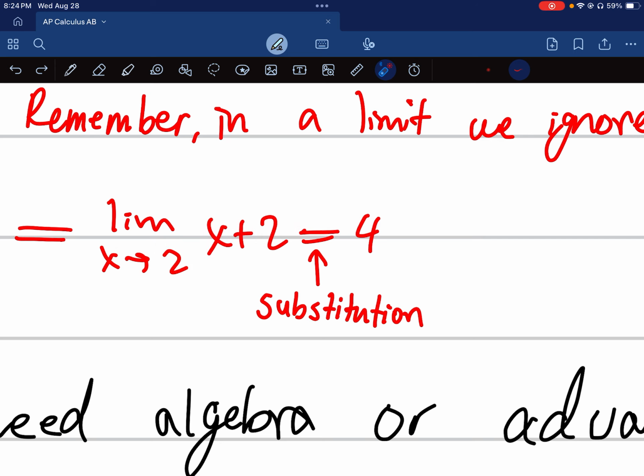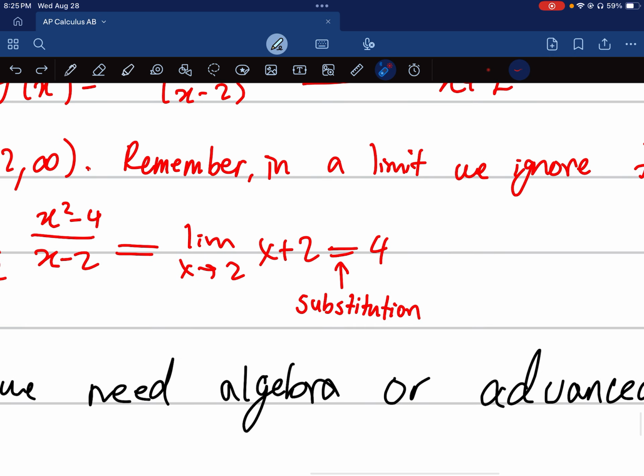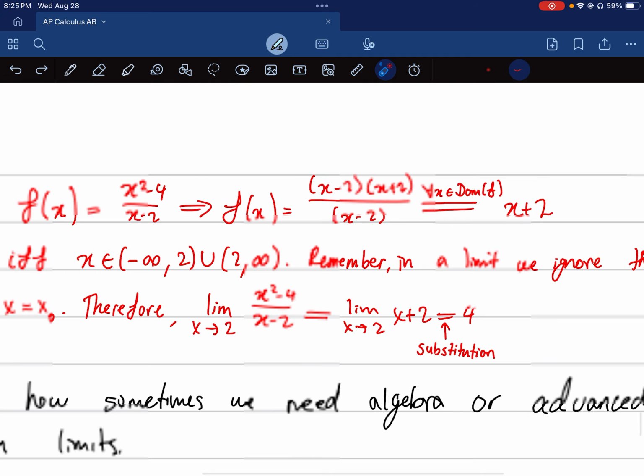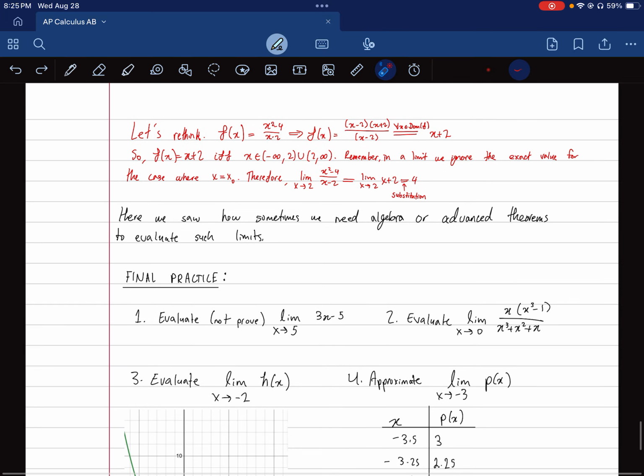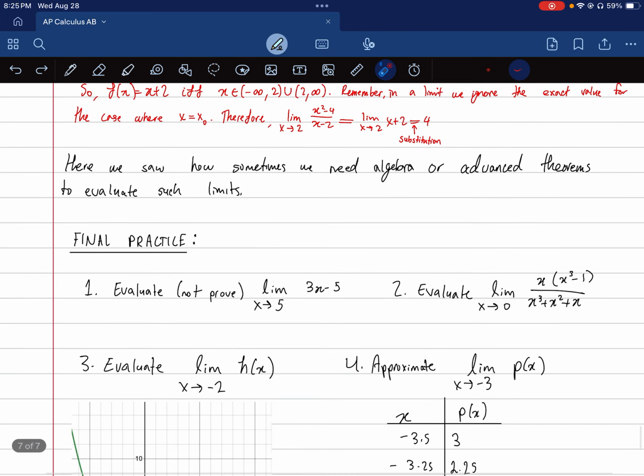And even if you take some super close value to 2, you're still going to get a super close value to 4. So whenever this happens, we can always substitute in limits once we've done the following. We can always cancel out in limits. This is just one of those rules.